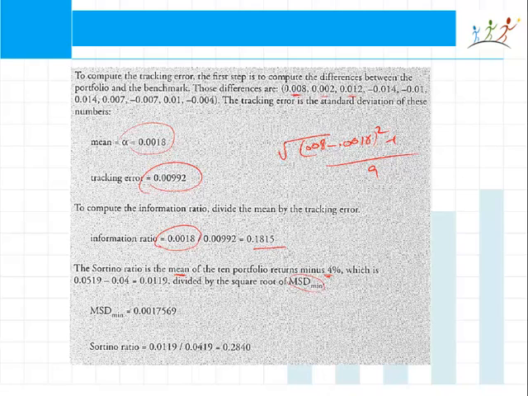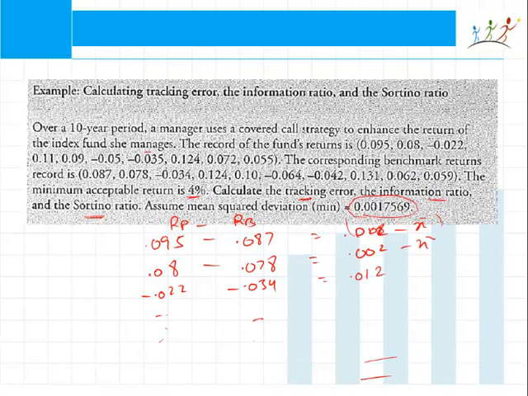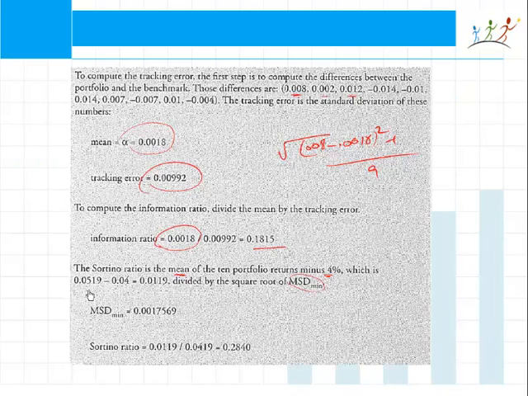The mean of the portfolio return can be calculated by summing these values up and dividing by 10. This will be the mean return on the portfolio, minus the minimum acceptable return of 4%. The mean return on the portfolio comes out to be 5.19%, minus 4% gives us 0.0119.